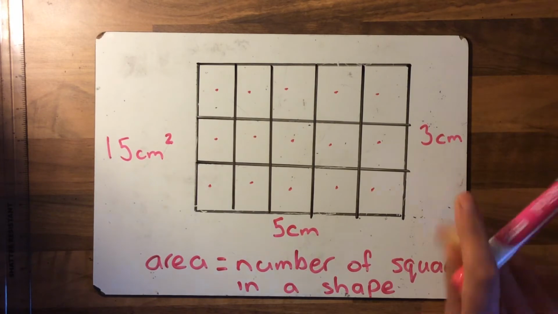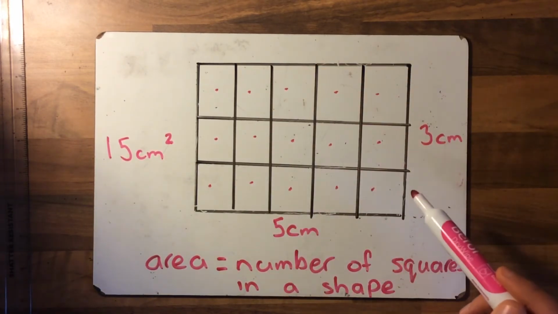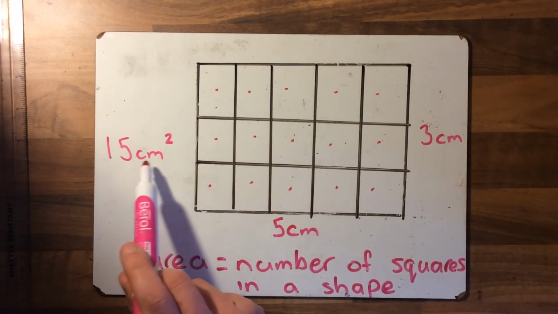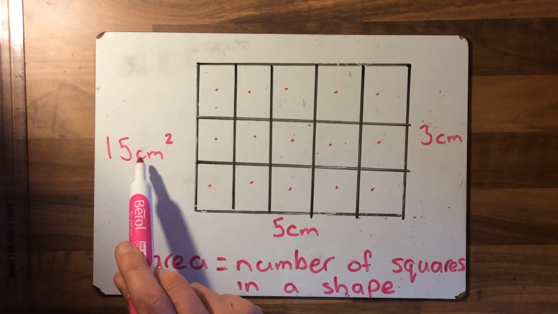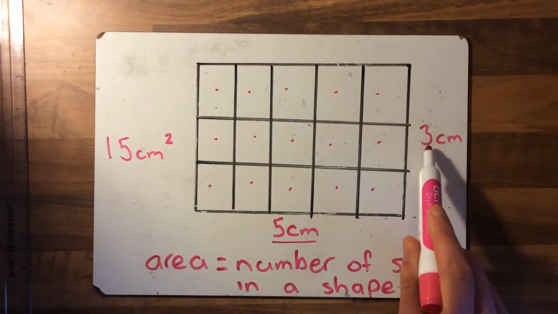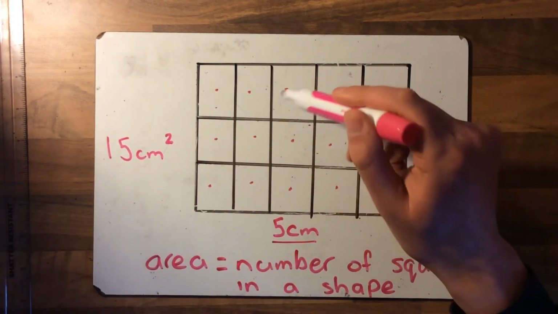Now, not all shapes that we have will have these squares drawn on for you. So just think for a minute, how could we get this answer here, 15 centimetres squared, if we just had this information and that information? What could we have done rather than having all these squares and me adding those up?